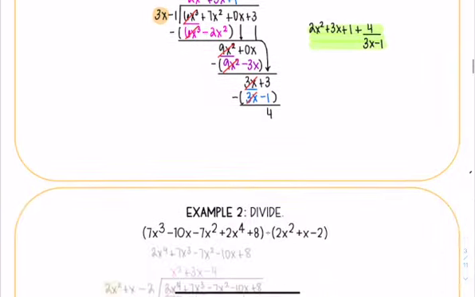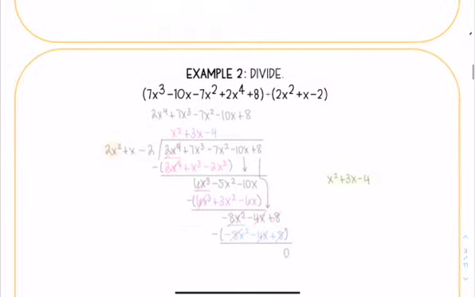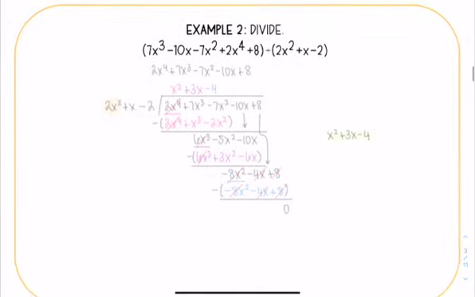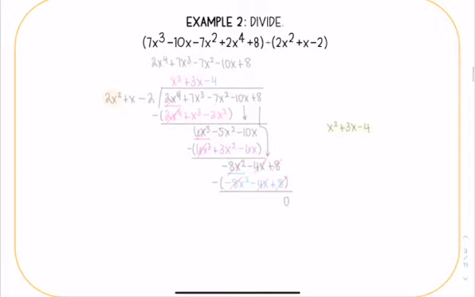Let's practice with one more. For example number 2, this is not written in descending order. So the first thing that we want to do is to rewrite it in descending order and to see if we're missing any of the terms that are needed, like we were in the first one. So the highest power that's present is the 2x to the fourth, then it would be the 7x cubed, then the minus 7x squared, the minus 10x, and the plus 8.